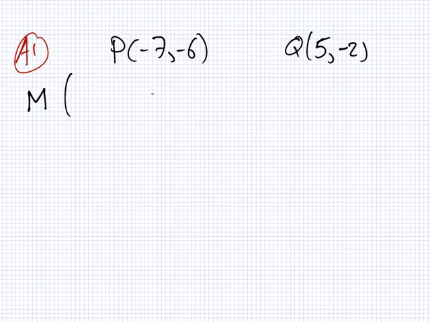Minus 2? Minus 2, yes. One day you will remember this word. So minus 7 plus 5 is minus 2, divided by 2, minus 1. Minus 6 minus 2 is minus 8, divided by 2 is minus 4. So if you look at the picture here, you have P, you have Q, and you have M, and you want this line.